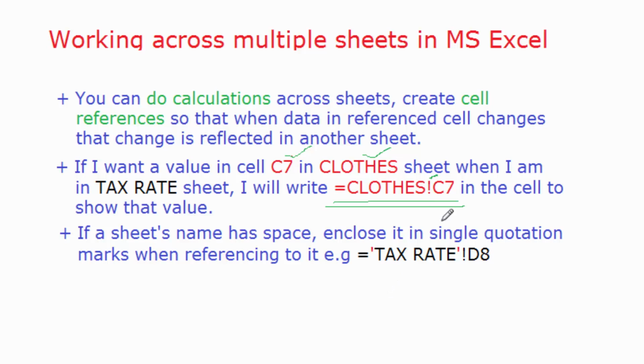Another thing to take note of, if the name of the sheet has space, like this one, there is a space here, you have to put single quotation marks in the name, then you put exclamation mark, and finally you write the cell reference in that sheet which contains the value you want. I will go ahead and show you in MS Excel how all these things are done.